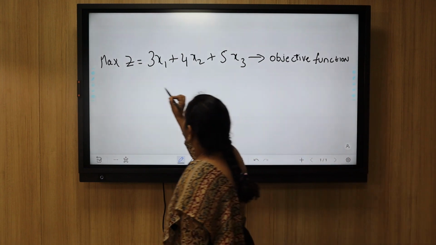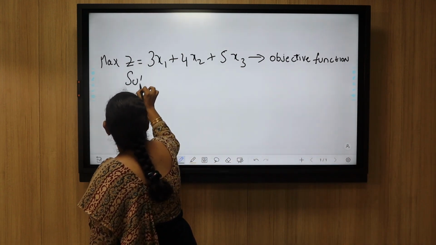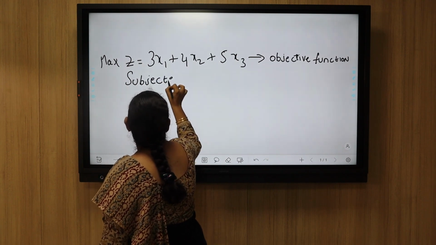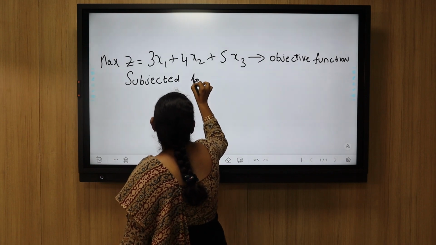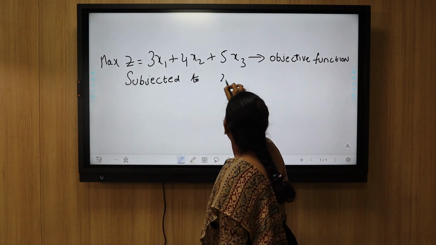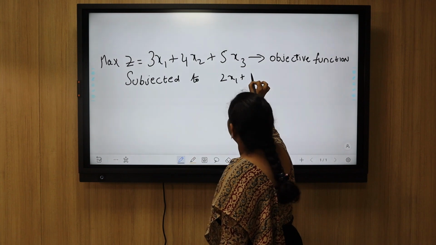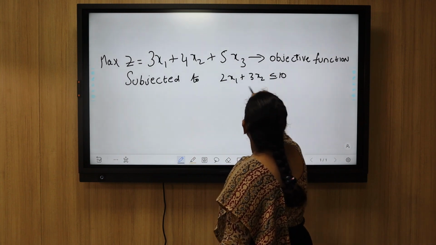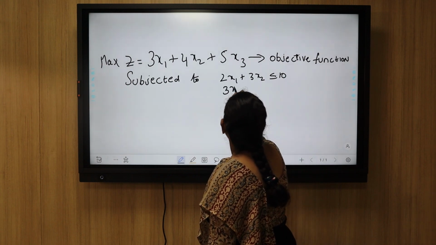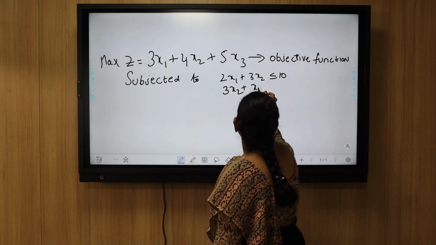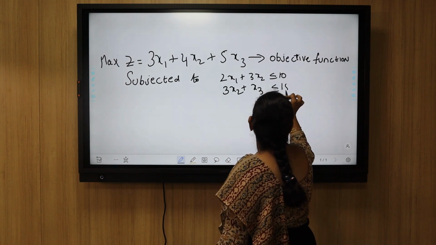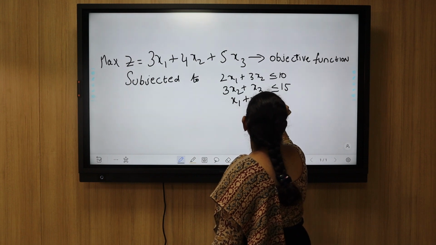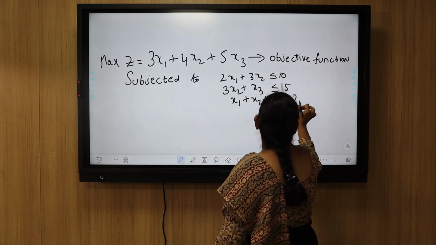Which is subjected to some constraints such as 2x1 plus 3x2 less than or equal to 10, 3x2 plus x3 less than or equal to 15, x1 plus x2 plus x3 greater than or equal to 20.